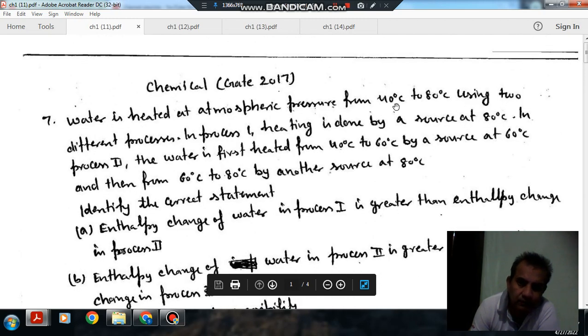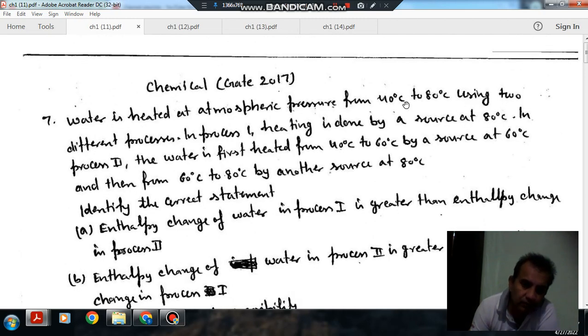So in process 1, the water is heated from 40 to 80 Celsius using an 80 degrees Celsius source. So the temperature difference is large as compared to the second process, where the water is heated from 40 to 60 by a source of 60 and then 60 to 80 by a source of 80.